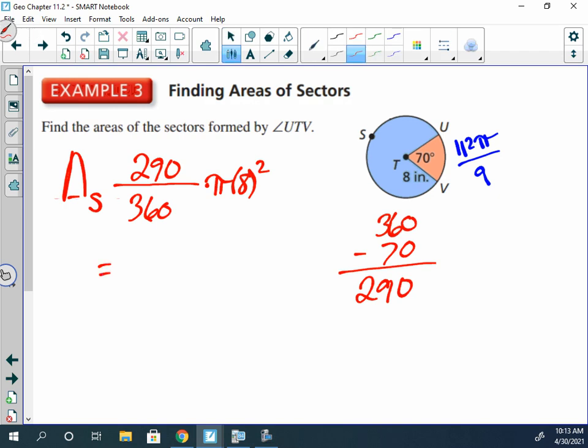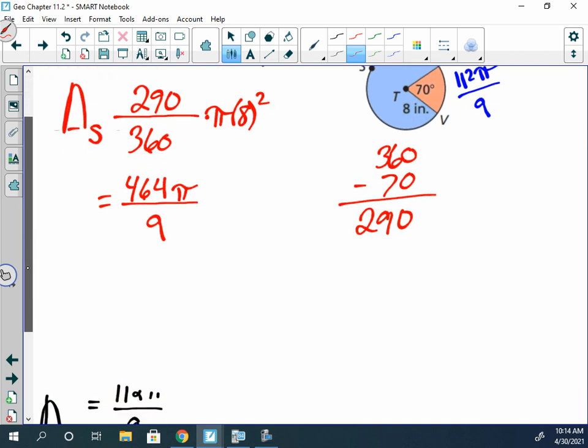And at this point, again, we can type this in. 464 pi over 9 would be our answer for this here. Any questions over any of this here so far?